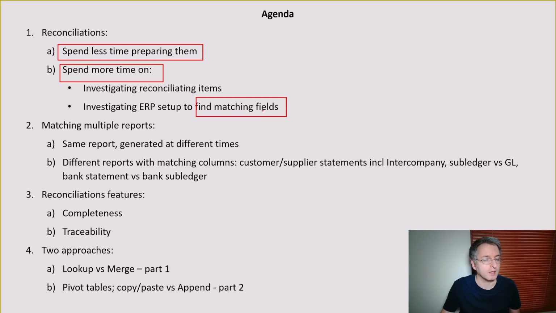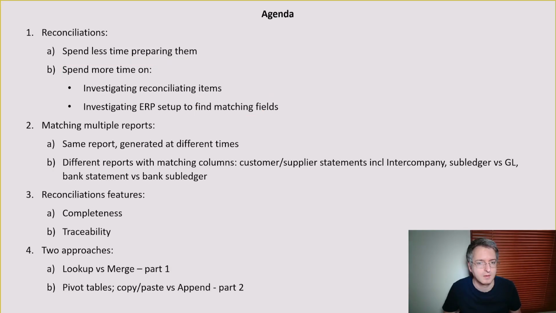And this would enable you to focus on investigating the ERP setup and how to improve that to speed up reconciliations. The functionality you're going to see here today will enable you to match multiple reports. And we have two use cases here. We have the same report generated at different times, so same report with different timestamps that you can compare.